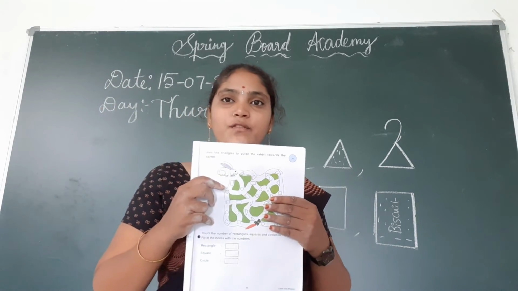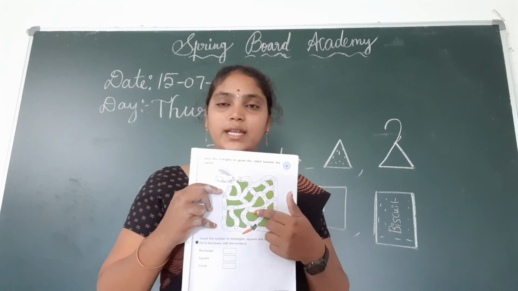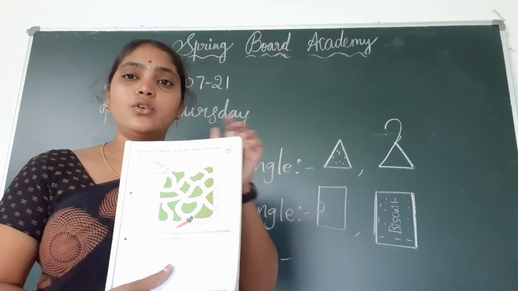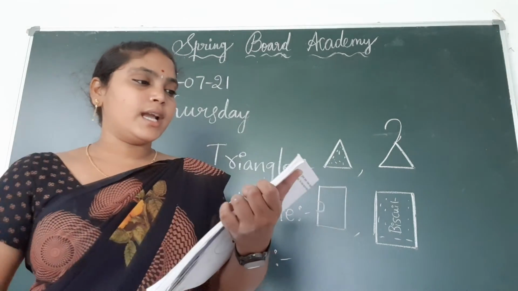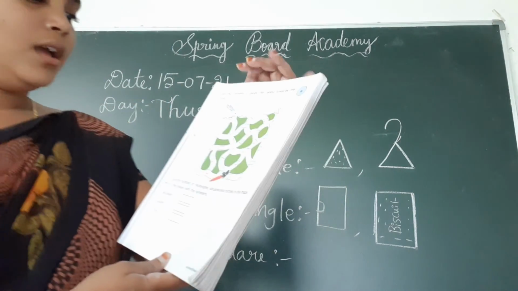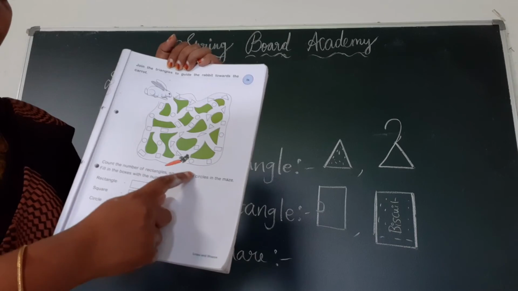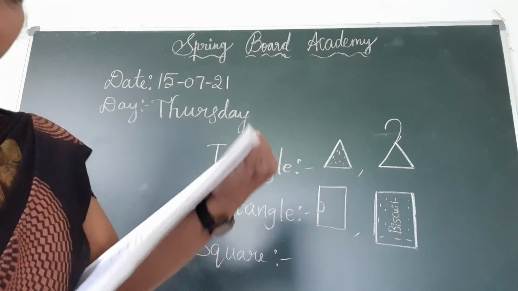You have to identify first what are the shapes inside this maze. Yes, squares, triangles and rectangles. So first you have to join the triangles only to guide the rabbit to reach this carrot, children.